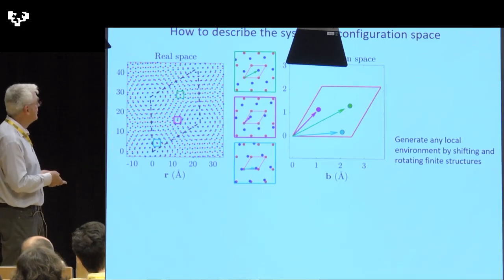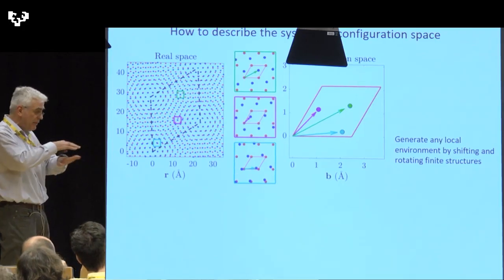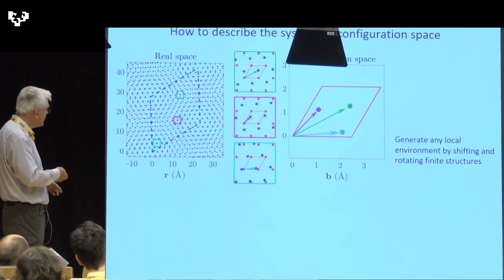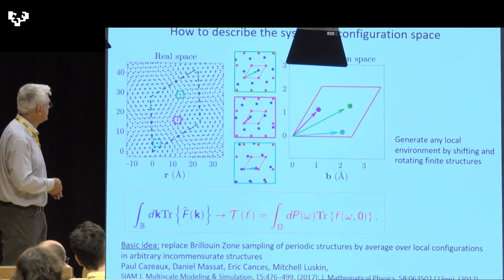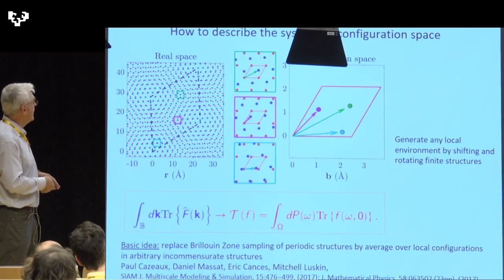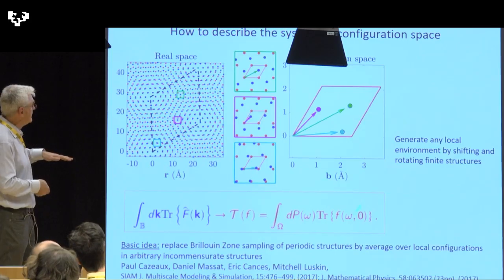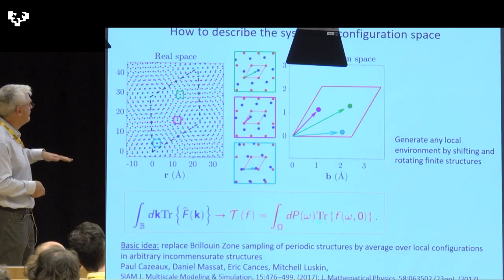And you can generate all these local environments by simply shifting or rotating finite structures. So essentially, this boils down to using an integral over all these local environments. That's what's written down here. So this is an integral over all the possible local environments.